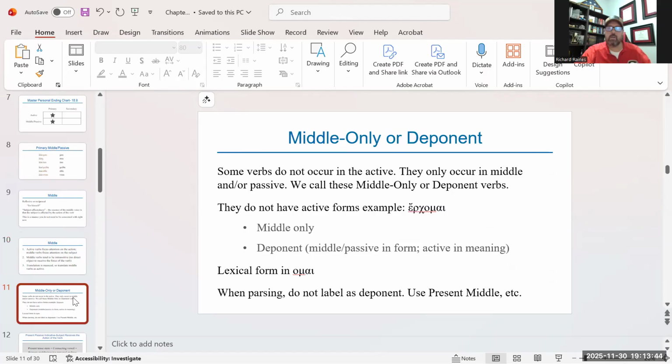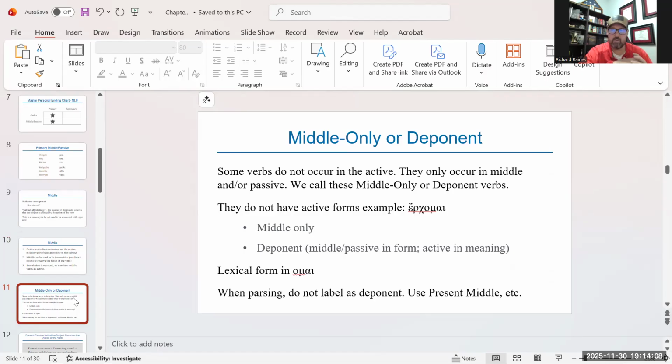So there's a category of verbs that we refer to as middle only or deponent. Erchomai is one of those verbs. Erchomai is a verb that does not occur in the active. So there's no present active indicative of erchomai. It only occurs in the middle or passive.